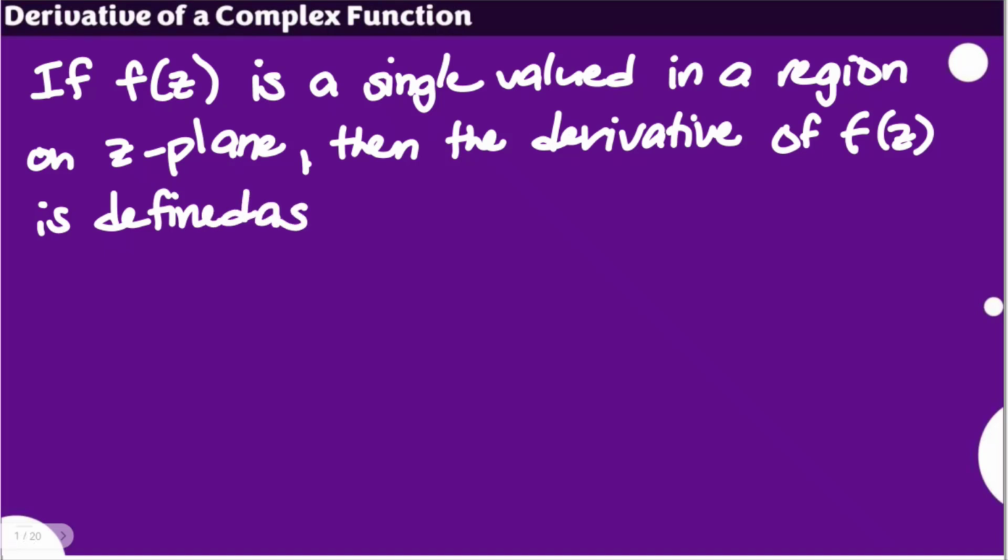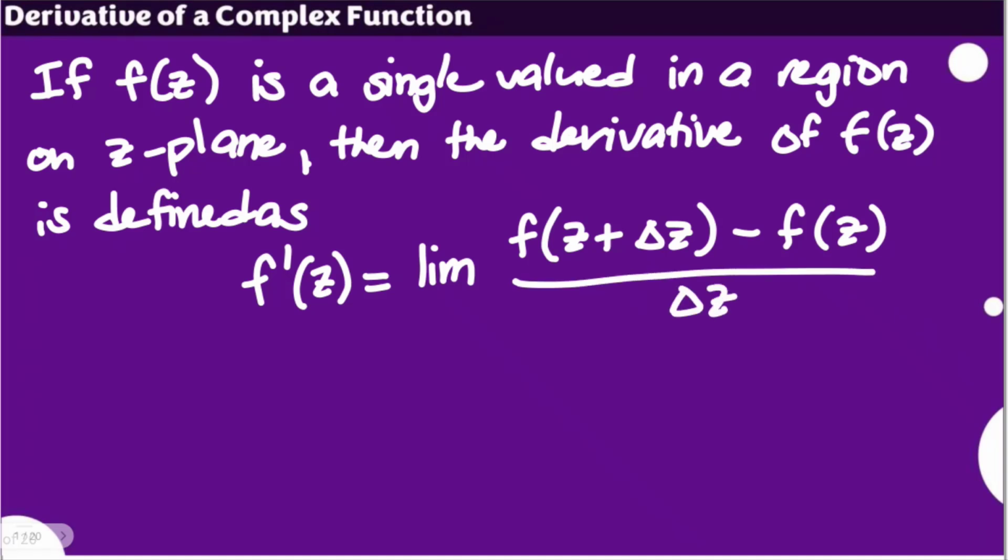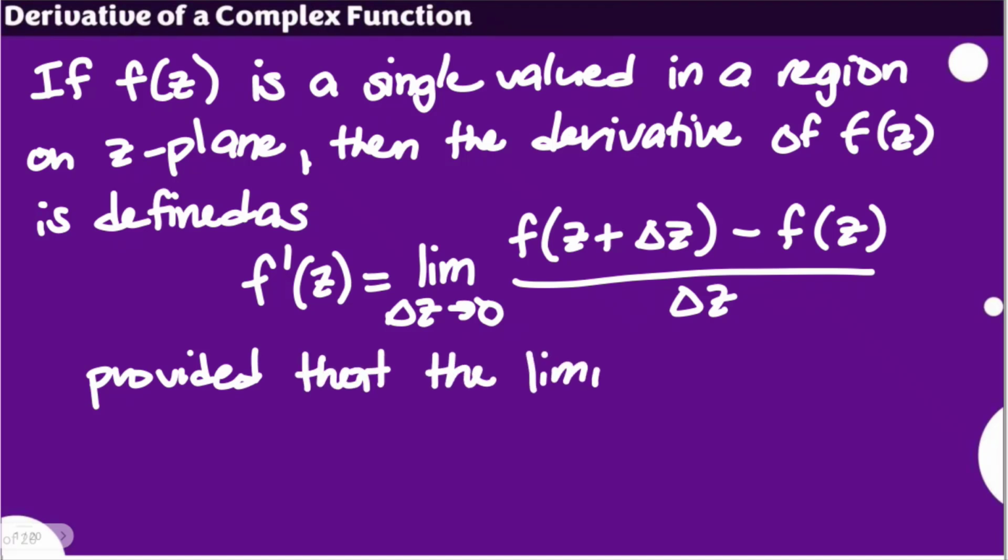we have here the derivative, in this notation, of your f of z is equal to the limit of this expression, f of z plus your delta z minus f of z, all over your delta z, as your delta z approaches 0, provided that the limit exists.